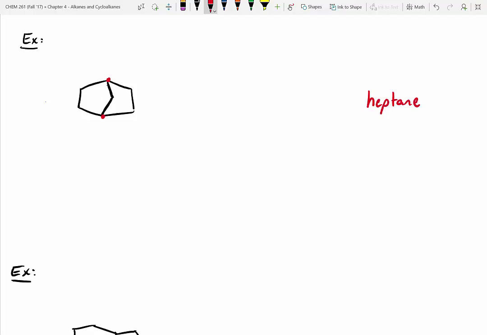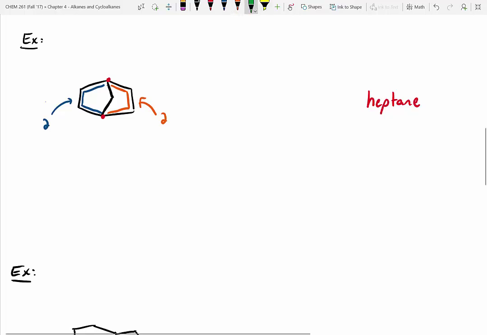And then next, what I want to do is identify the path length it takes to get from one bridge head to another. So for example, if I follow this blue pathway, it goes over 2 carbons, so it's a 2-carbon bridge. This pathway shown in orange is also a 2-carbon path from one bridge head to the other.